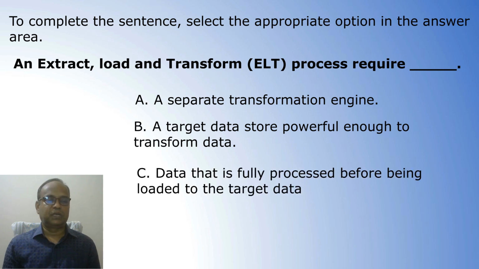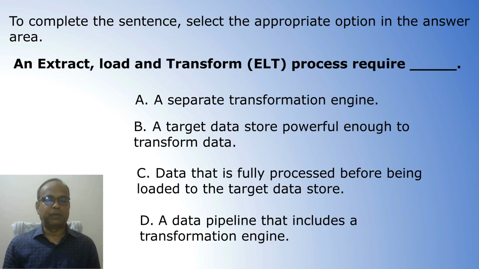Option C, data that is fully processed before being loaded to the target data store. Option D, a data pipeline that includes a transformation engine. Answer: the correct option is B. That means a target data store powerful enough to transform data. Next question.